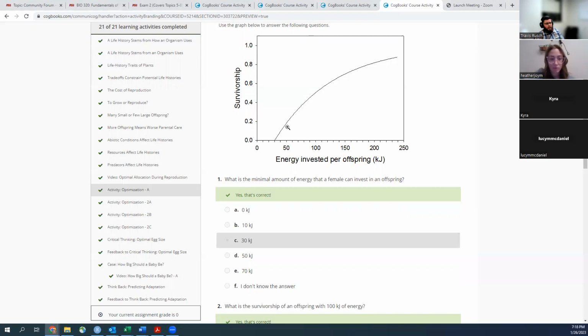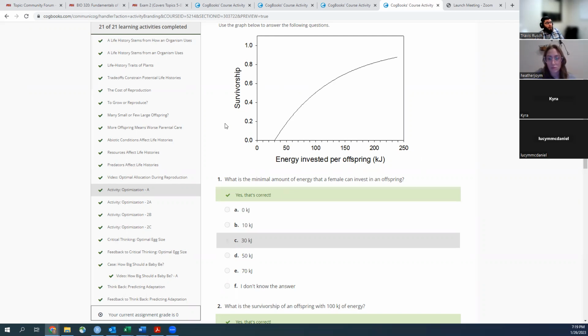It's more this energy per offspring, which is from the mother. And this survivorship is the survivorship of the offspring, because there has to be a minimum amount invested to give them at least 50% or higher. But we don't want to do too much, because then the rate of return declines. That's why we talk about the tangent line.